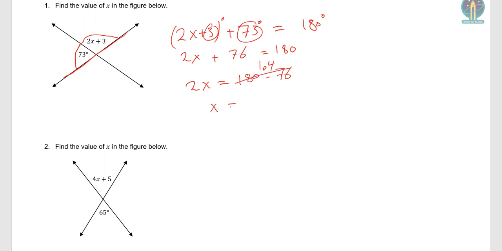So x equals 104 divided by 2, which is 52. So x is equal to 52.